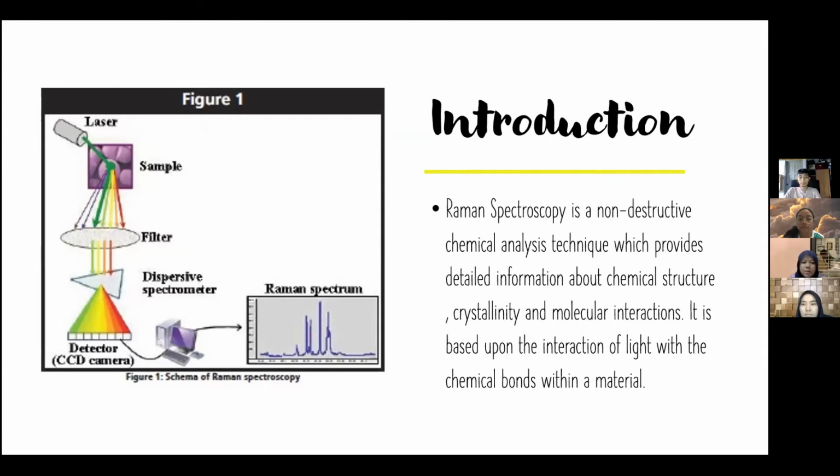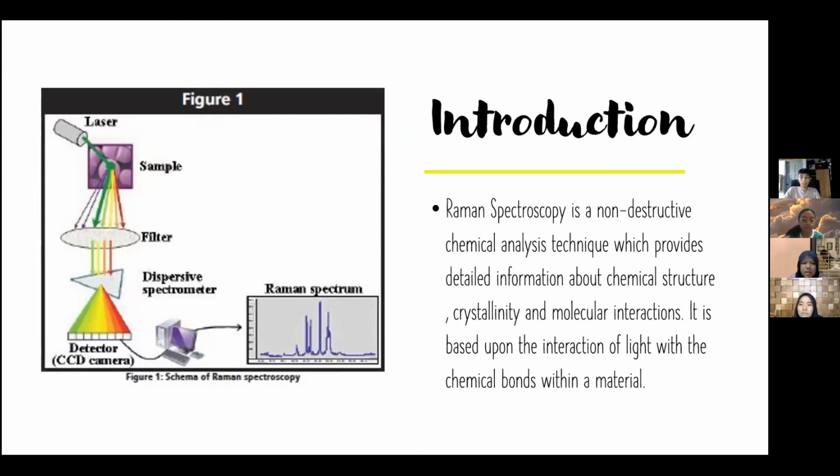So Raman is basically a light scattering technique whereby a molecule scatters incident light from a high intensity laser light source. As you can see, the picture shows basic information on how Raman spectroscopy works.